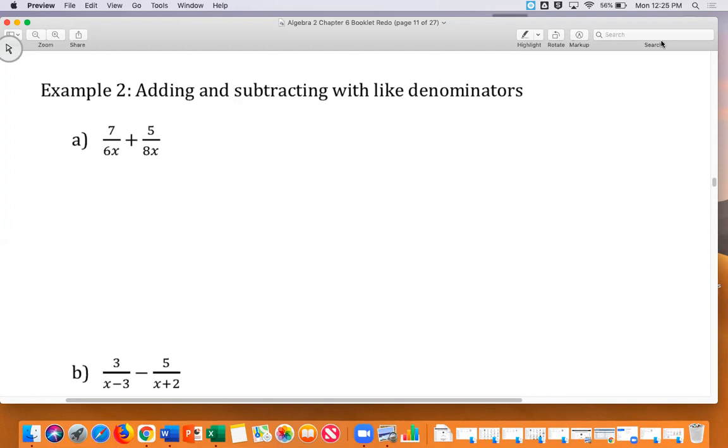No. Do you want some help? So what number does 6 and 8 both go into?